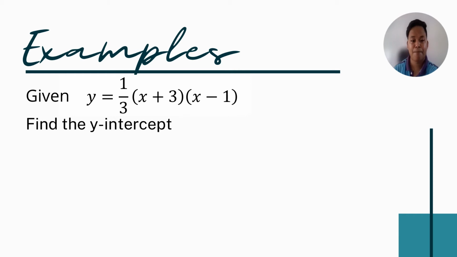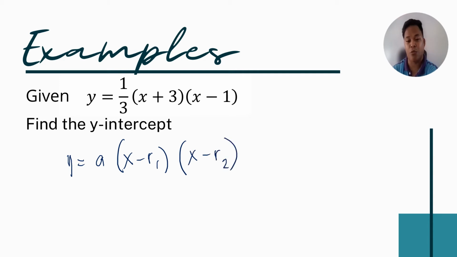We have here y is equal to 1/3 times the quantity x plus 3 times the quantity x minus 1. We're going to find the y-intercept. Since the given function is in intercept form, which is y is equal to a times the quantity x minus r sub 1 times the quantity x minus r sub 2, we're going to find the y-intercept using f of 0.